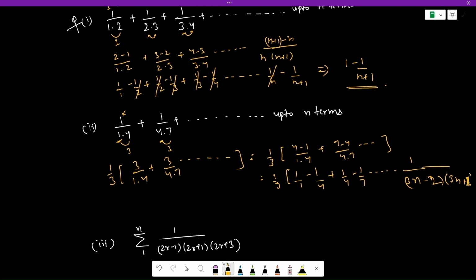Now we will write the numerator as 3n plus 1 minus (3n minus 2).